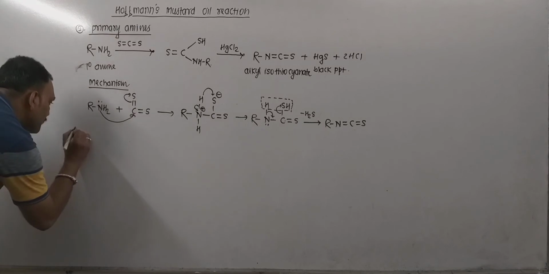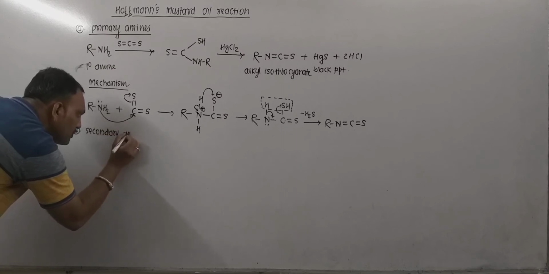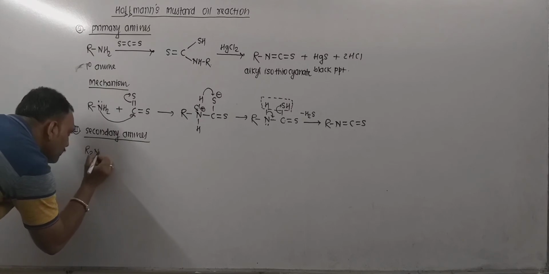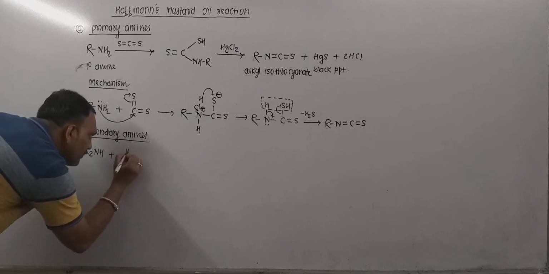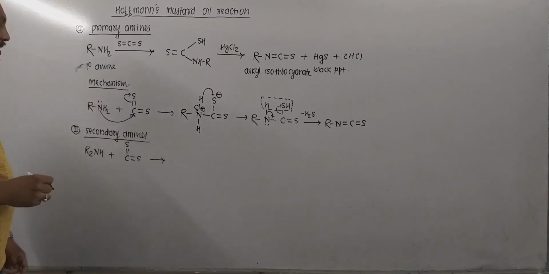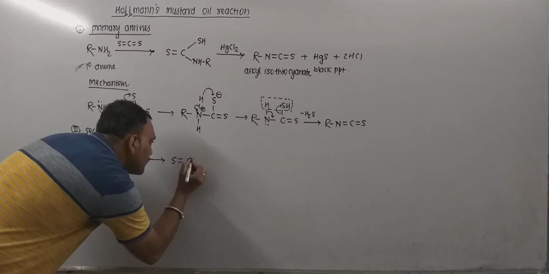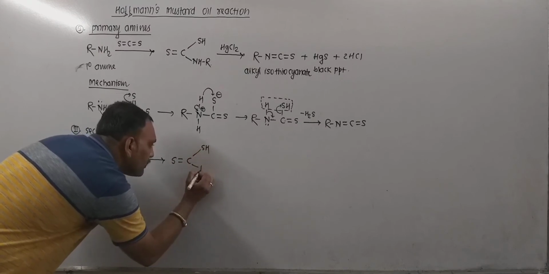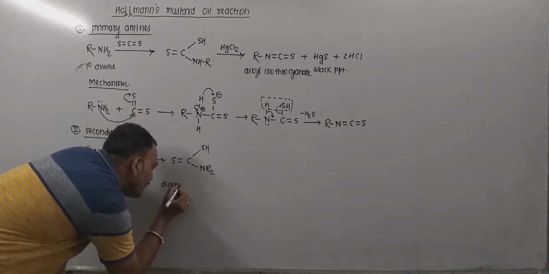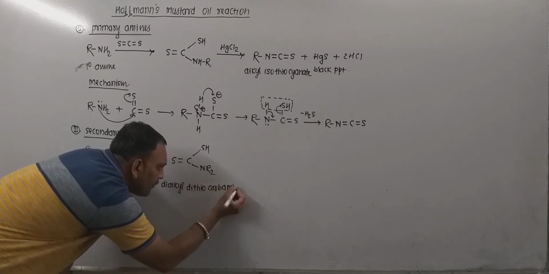Now let's see the response of secondary amine. How secondary amines react. Remember, secondary amines are represented as R2NH. So when these are treated with carbon disulfide, which can be given as CS2, simple addition takes place in the first step, and addition leads to the formation of an addition product that can be given as, so this addition product is dialkyl dithiocarbamic acid.